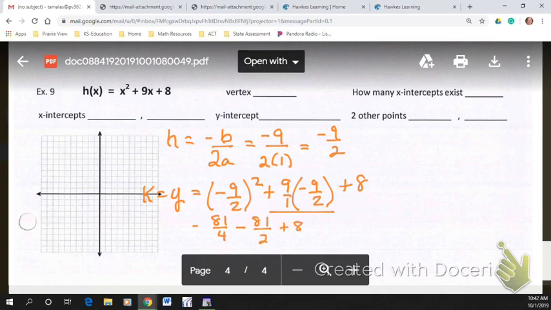Now, go to your calculator and type it in. Get out your graphing calculator app, type in 81 divided by 4 minus 81 divided by 2 plus 8. And you'll want to have your graphing calculator in a mode that does improper fractions, not mixed numbers.